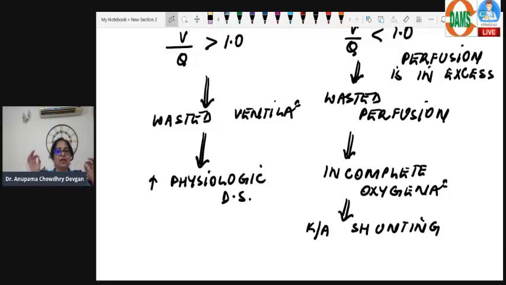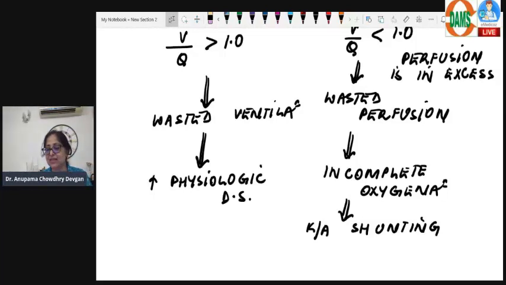Please understand, a VQ ratio of 1 is an ideal VQ ratio, maximum oxygenation. VQ ratio more than 1, ventilation more than the perfusion, it is a wasted ventilation, which increases the physiologic dead space. VQ ratio less than 1 means ventilation is less and perfusion is more. It is a wasted perfusion, an incomplete oxygenation of blood, which is known as shunting.